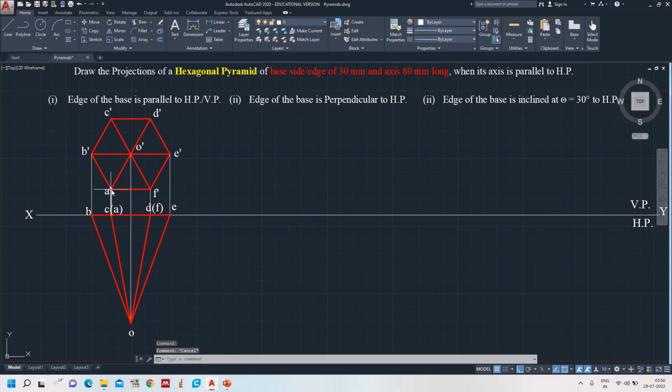But AO and FO are invisible. These two edges' projections overlap with CO and DO, which are visible lines. So that's why there is no need to draw the hidden line, and this is the center line. Okay, we'll give the dimensions.